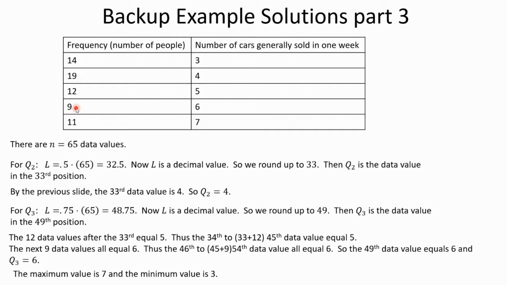Because the next 9 values all equal 6. So the next one, which is 46, 47, 48, and so on, up to 45 plus 9, which is 54, those all equal 6. So the 49th value is 6. So 6 is the third quartile.